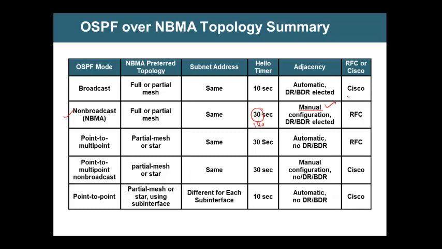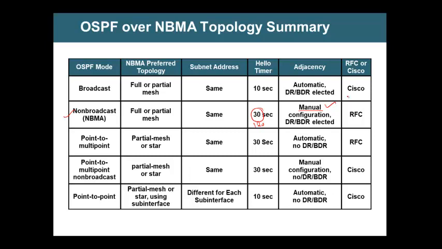The reason is the address 224.0.0.5 will not be used. In non-broadcast mode, that particular address will not be used because it is called non-broadcast. You cannot have that multicast support. If multicast is supported, then there is no point of calling it non-broadcast.